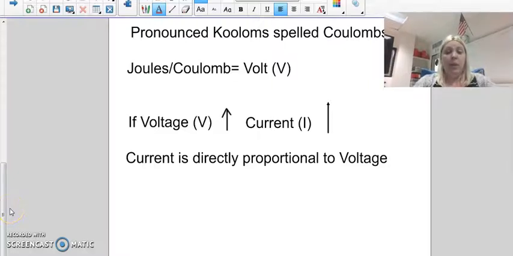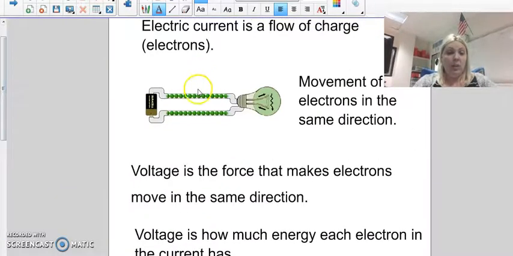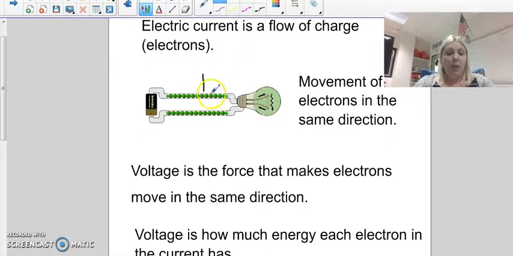Of course, we're not going to measure gallons of water or gallons of electrons. Instead, we're going to measure how much charge in coulombs passes through a single point in 1 second. So we can stand somewhere over here and count how many little electrons pass through this point in 1 second. So let's see, 1, 2, 3, 4.